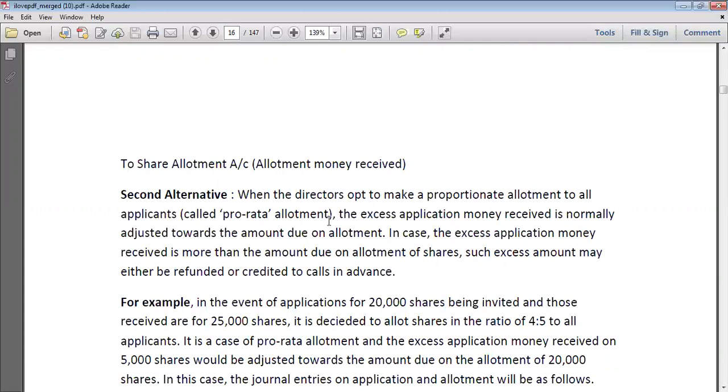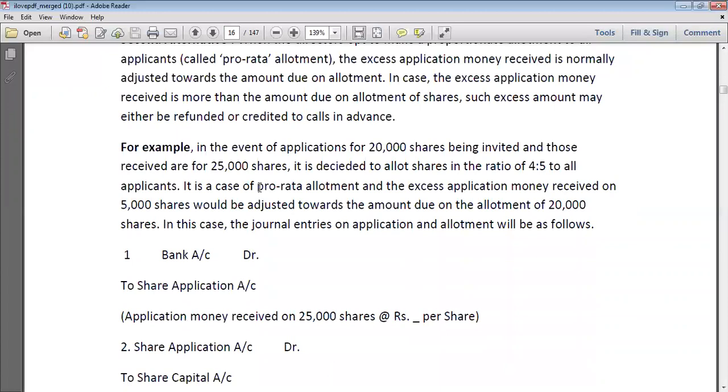If we allot the shares on a proportionate basis, then this will be called pro rata allotment. The excess application money received is normally adjusted towards the amount due. In the second alternative, we will not refund the excess amount of application, we will adjust it on allotment or first call or second call.